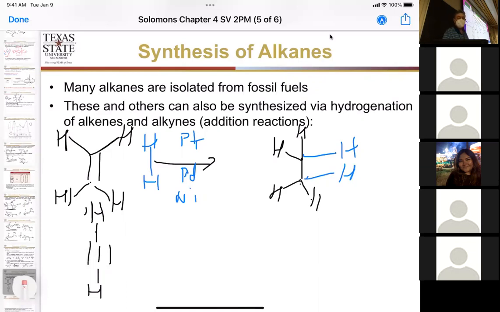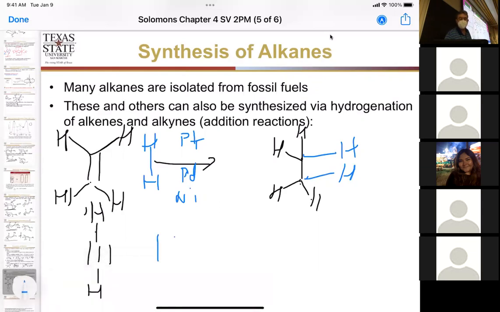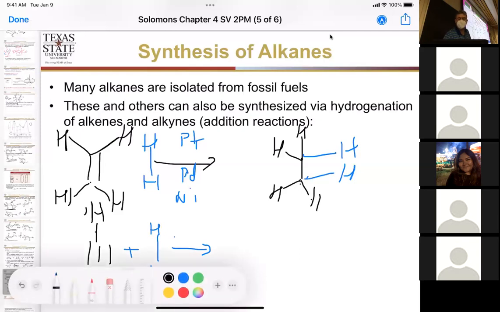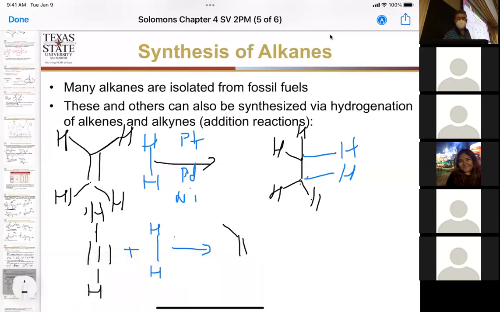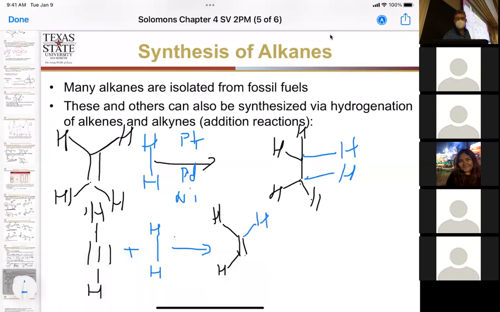Okay, now it turns out you can do the same thing with acetylene, except it's a little different. If we add 1 equivalent of hydrogen across it, we get an alkene. And here's our originals, and here's the 2 we just added.